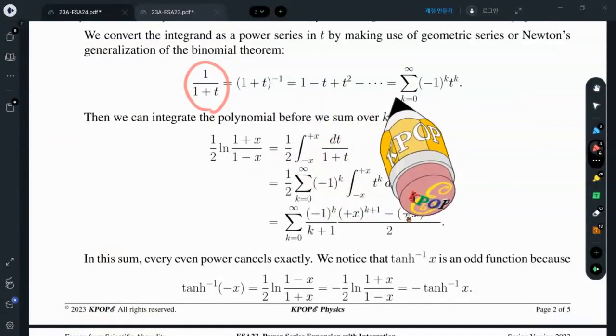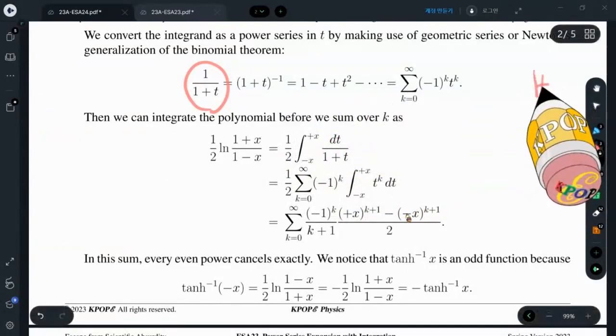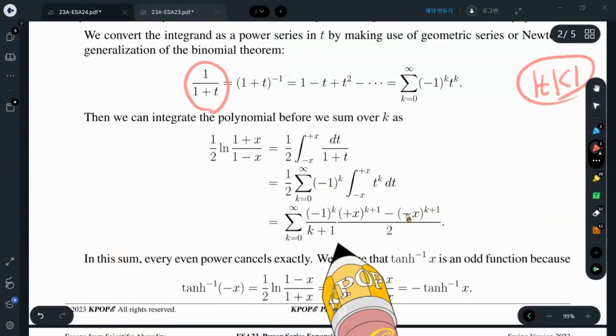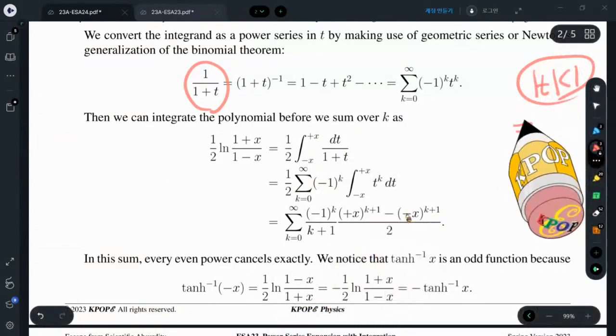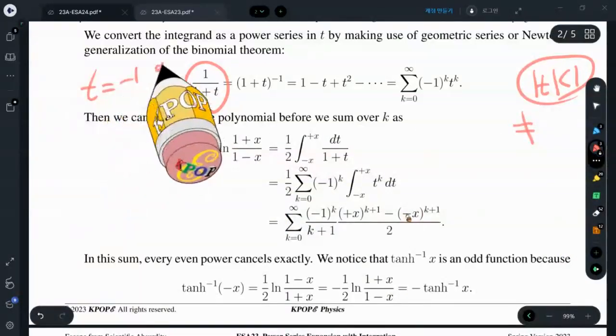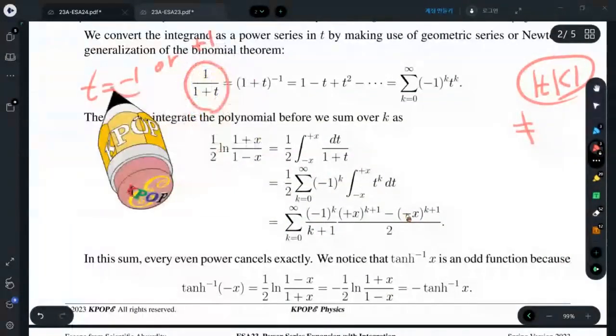This is true if t is less than 1. This is not true if, for example, t equals minus 1 or plus 1.